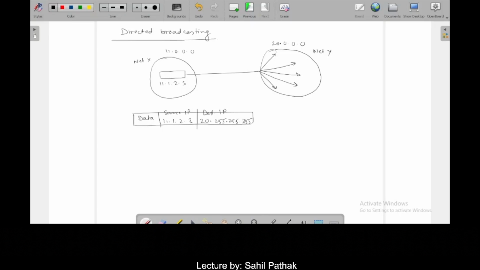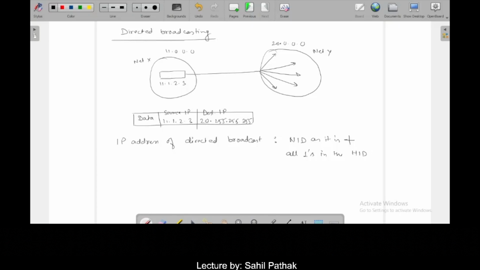Okay, so here, if I simplify it, the IP address of directed broadcast is nothing but the network ID as it is, like here it is 20, plus all ones in the host ID part.